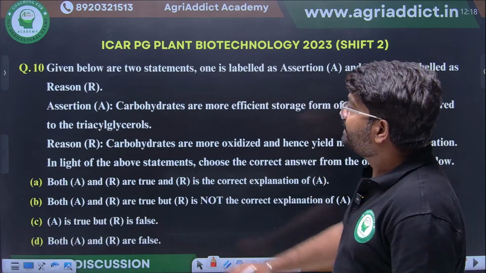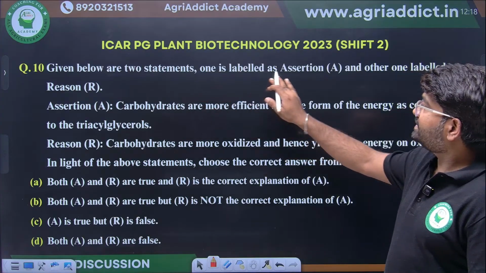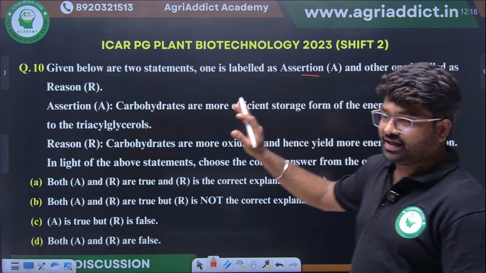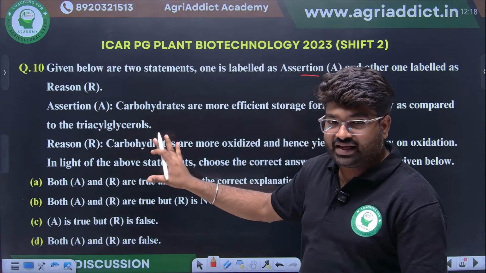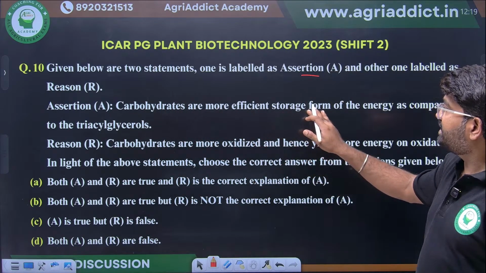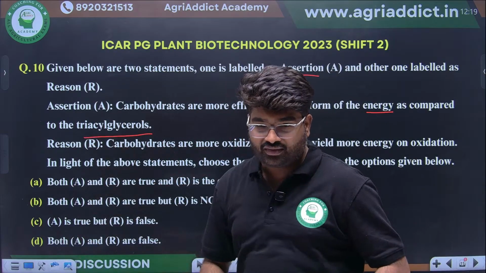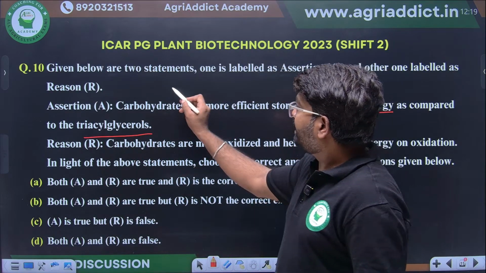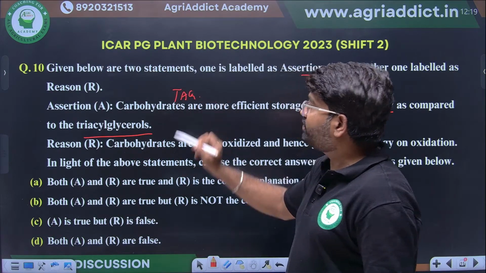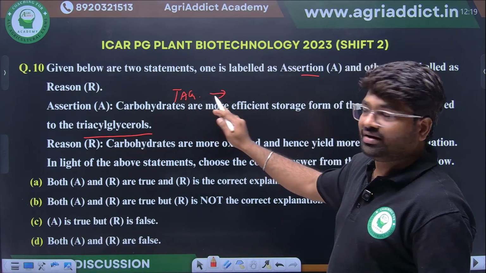Next, given below are two statements. One is labeled assertion and another is labeled reason. This is a very simple question. Carbohydrates are the most efficient storage form of energy as compared to triacylglycerol. Whether it is true? No. Triacylglycerol is the more efficient form. Why? Because triacylglycerol does not require water molecules.